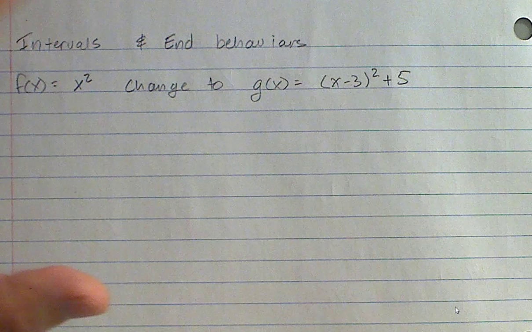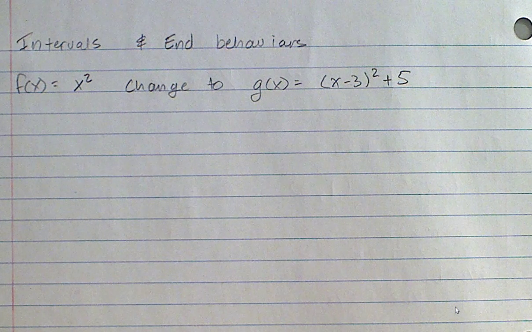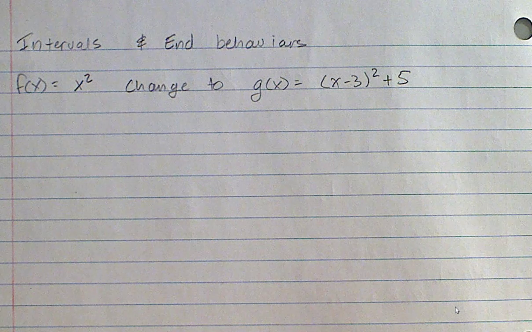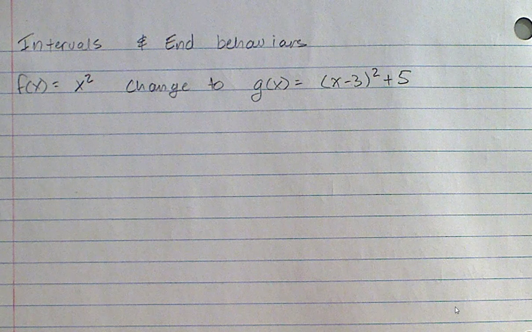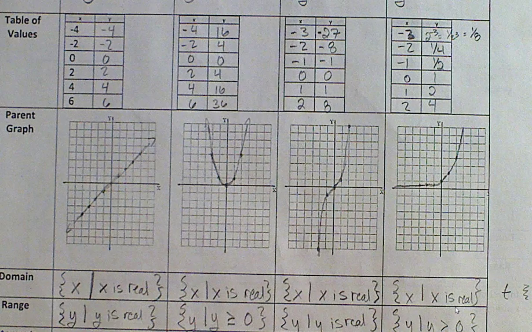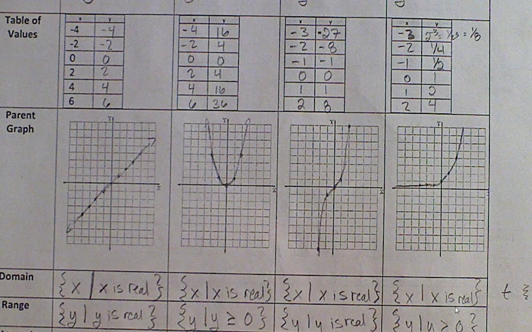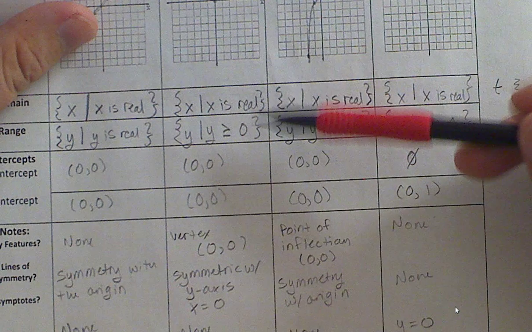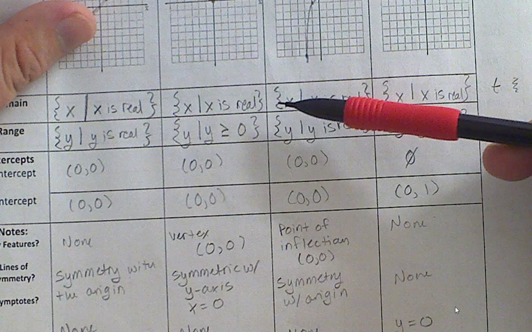Today we're going to look at those key feature things. If you're looking at that basic functions sheet I gave you last week, we pull that out and take a look at our good old friend, the quadratic equation, the parabola. I want to focus on things that are going to change with the domain and with the range.